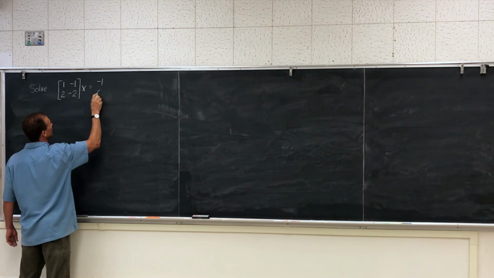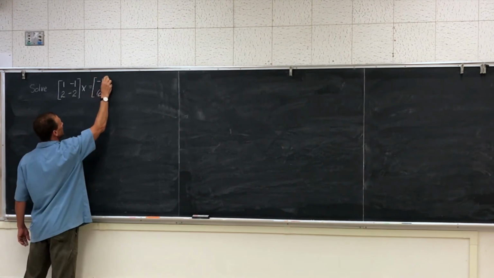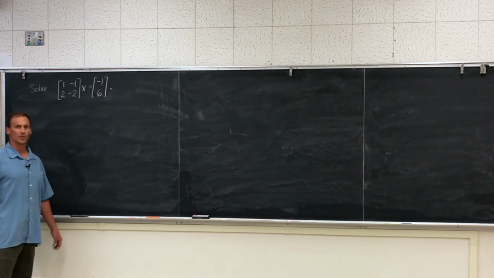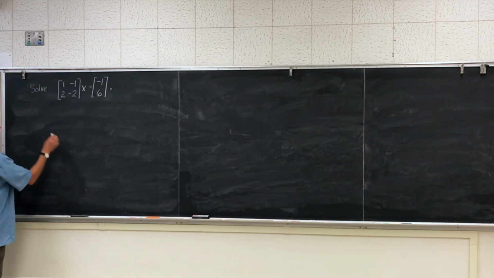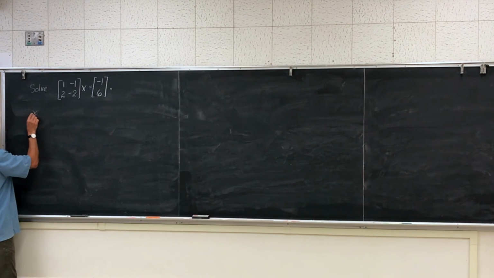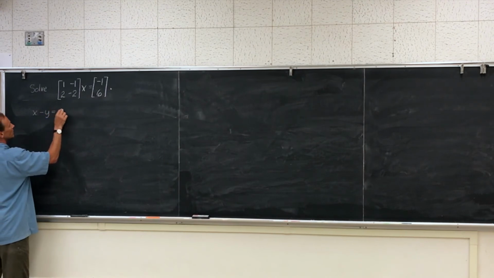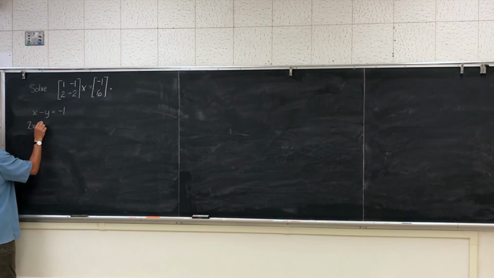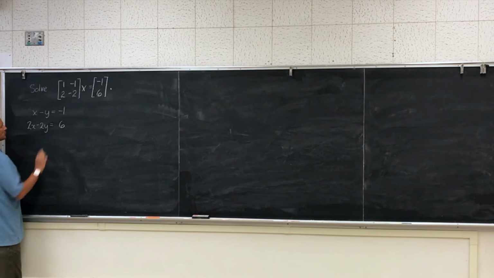Let's just try something large like 6. Something big. Okay, so that's the matrix equation. I'm going to solve it from the system. Look at this. This is the system of x minus y equals minus 1 and 2x minus 2y equals 6.